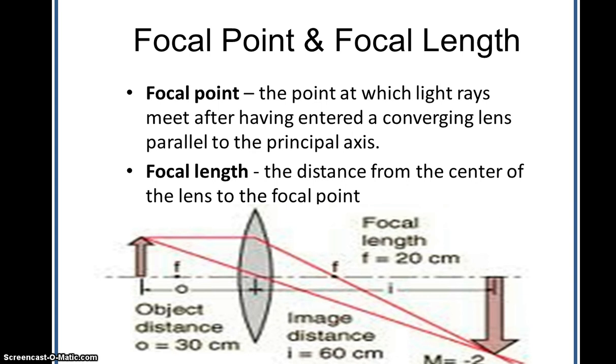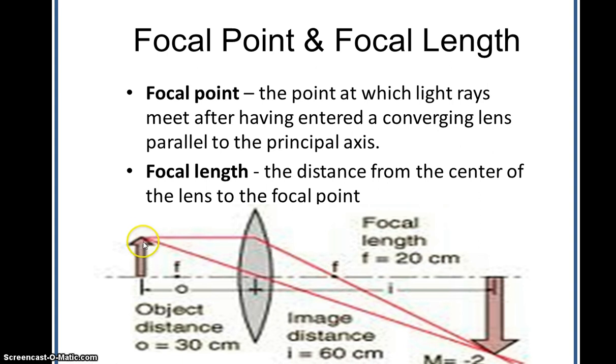When it comes to lenses and mirrors, there are two terms that you'll hear frequently. Something called the focal point and another thing called the focal length. So in this diagram here, this little small f is the focal point, and the distance from this f to the center of the lens would be the focal length.